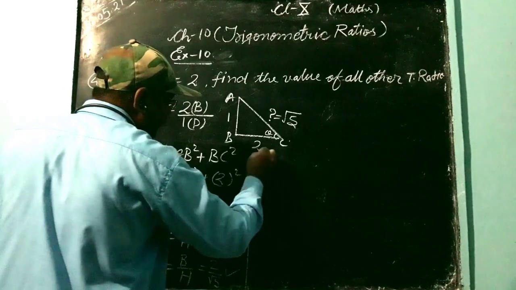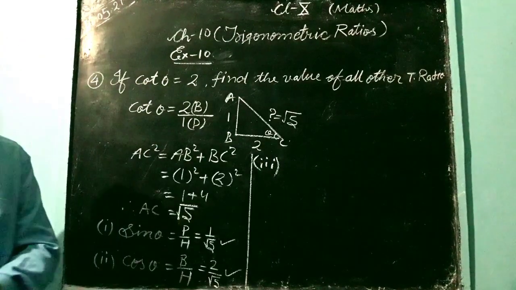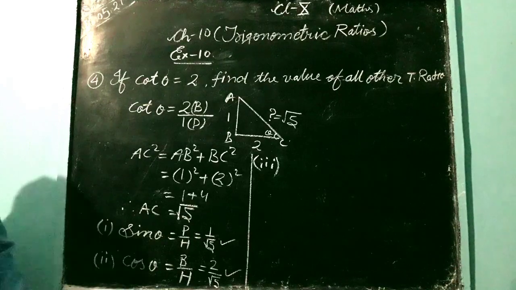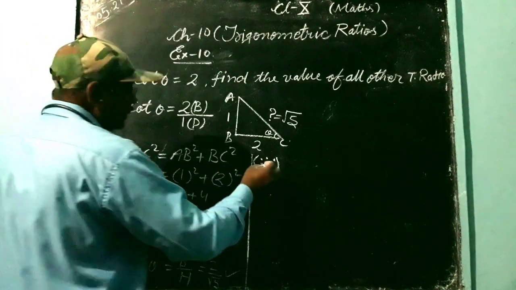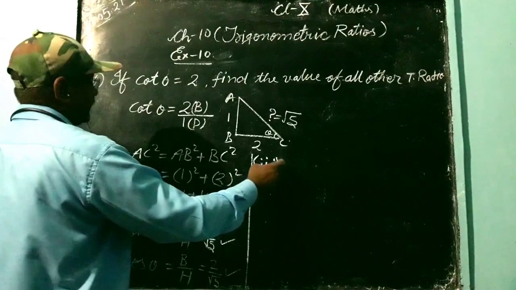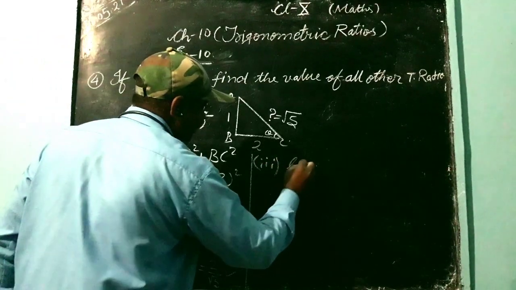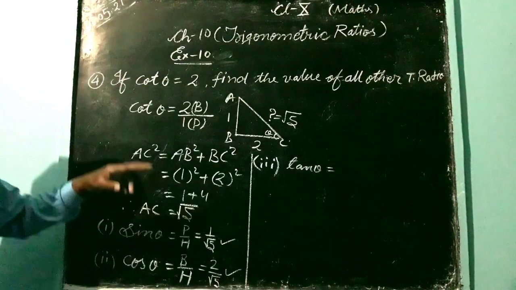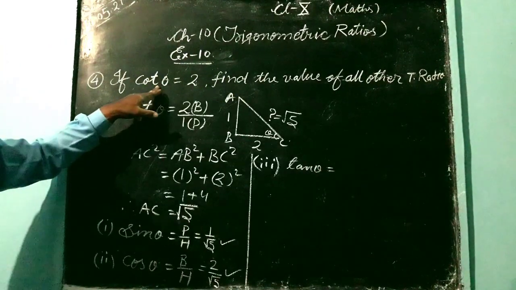Now the remaining 3. The third part is tan theta. Tan theta is the opposite of cot.